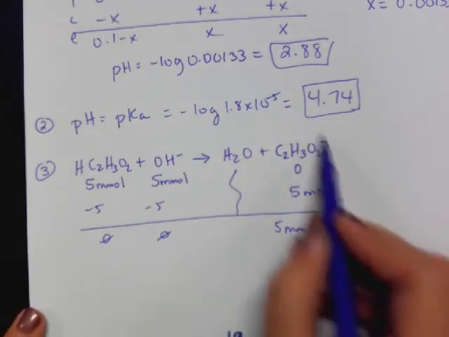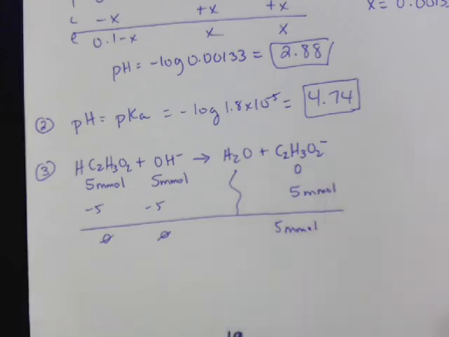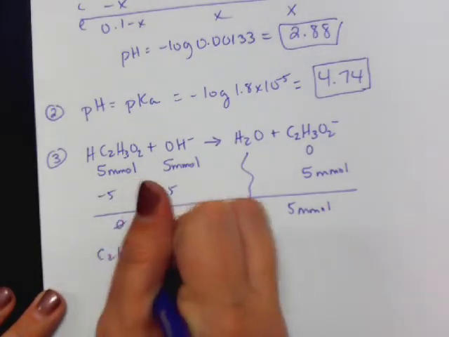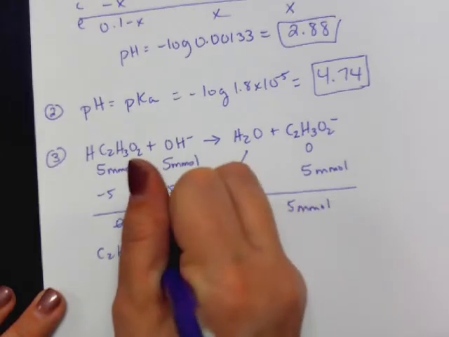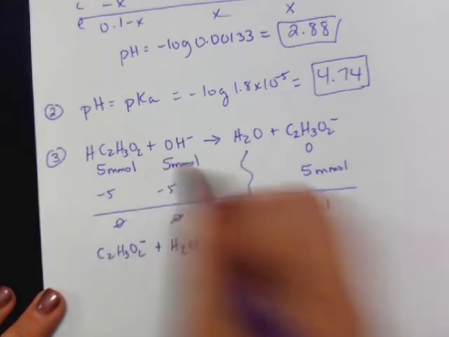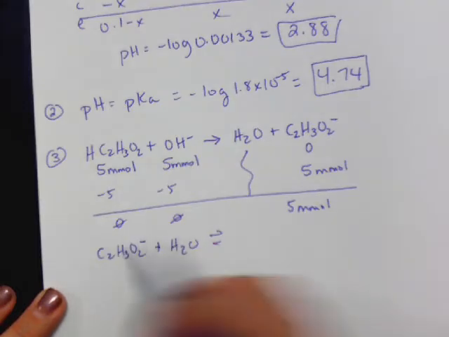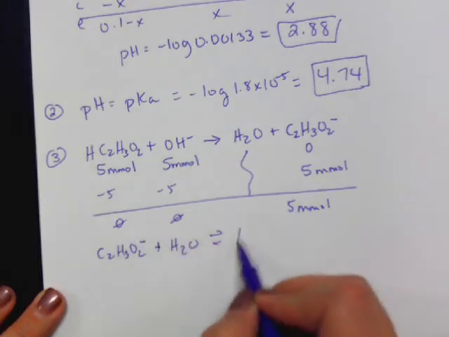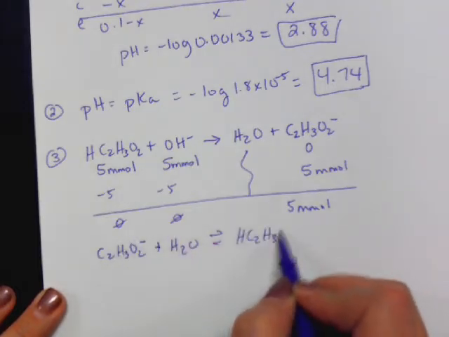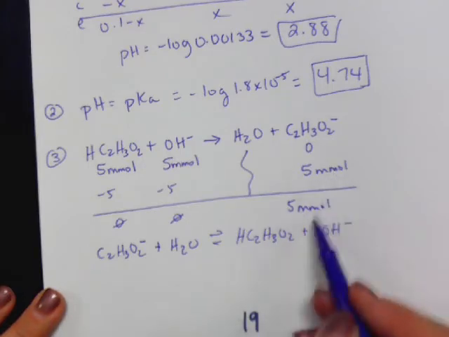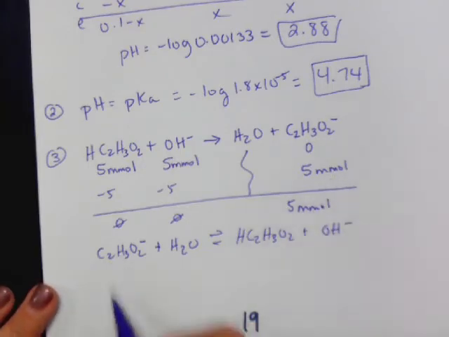So this ends up being much like a salt problem we were doing previously. We have our conjugate base and water. Remember, this is an equilibrium situation. Our water gives hydrogen to the acetate, and we're left then with hydroxide. We have 5 millimoles here. We need the concentration.